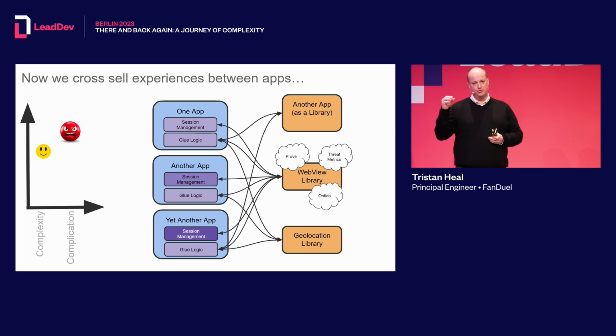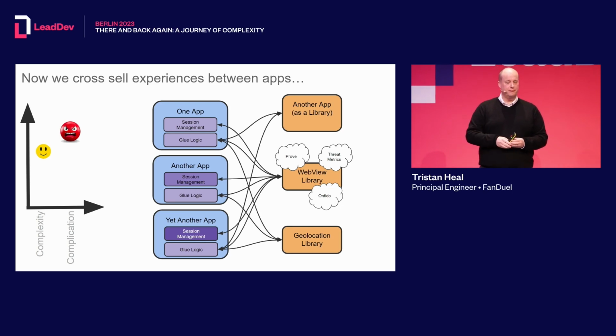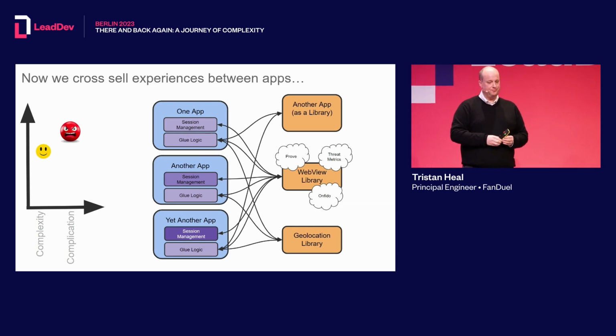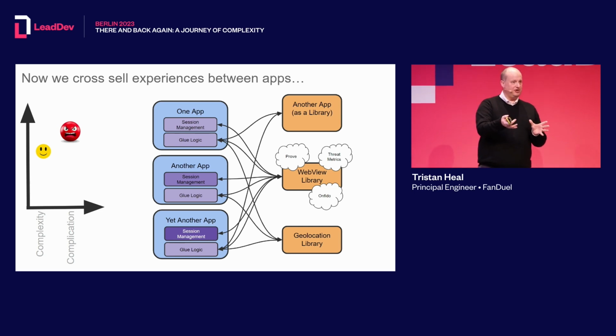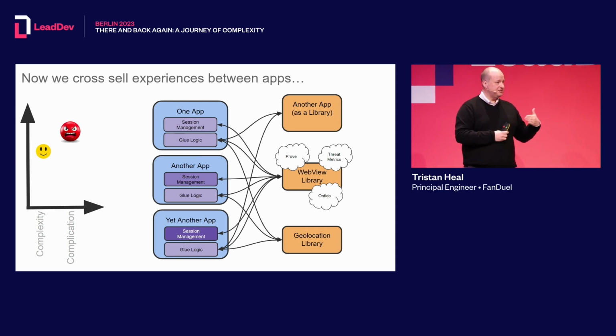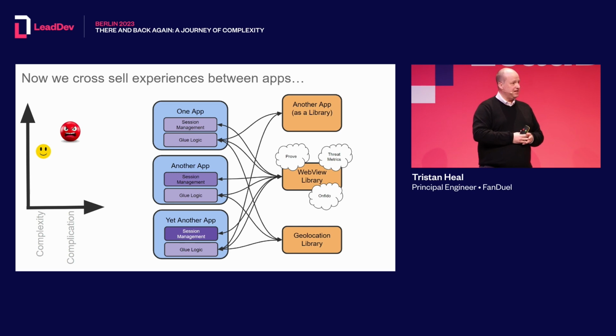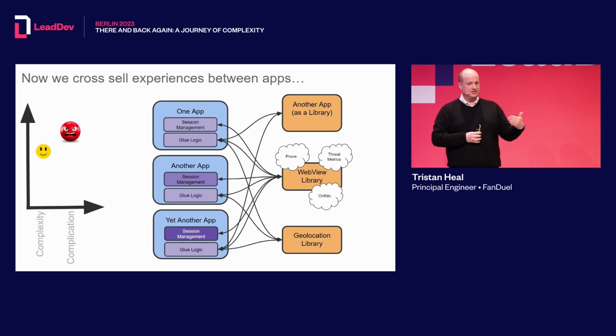In other cases, we will provide an application experience as a library using some of the code from the cross-sold app. So now we've got a complete spider's web of dependency management. Clearly, all the apps as a library that we're providing for cross-sell have exactly the same dependencies as the host app. And it's now the responsibility of the host app to provide the glue logic between them.